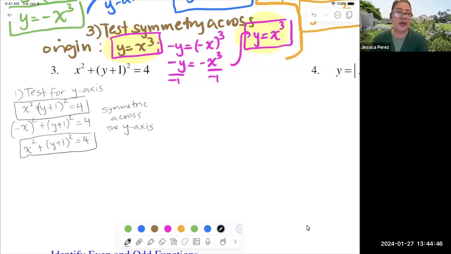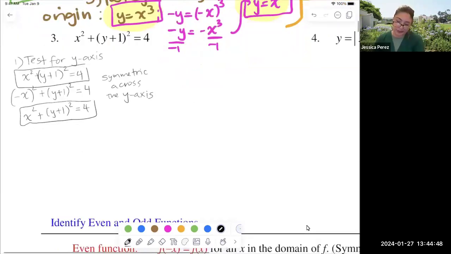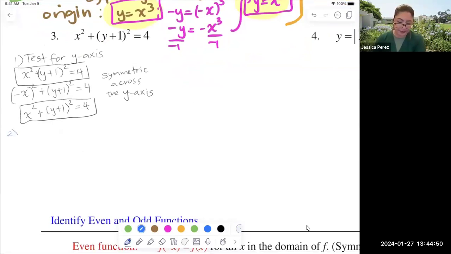So let's try x-axis. Is it symmetric towards the x? So for that, we're checking x squared plus y plus 1 squared equal 4. That's now x squared plus now negative y plus 1 squared equal 4.